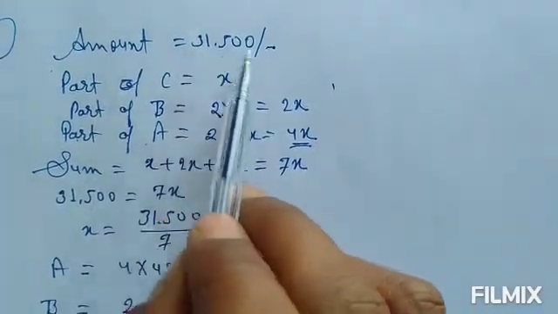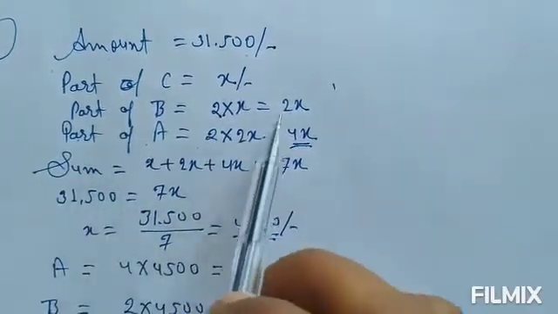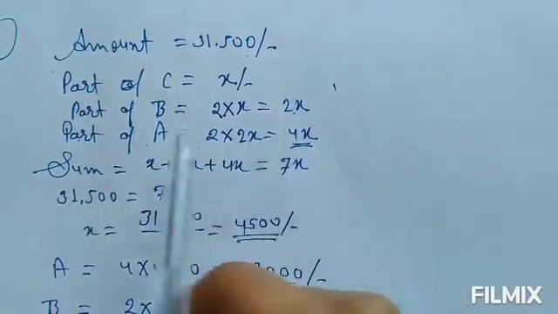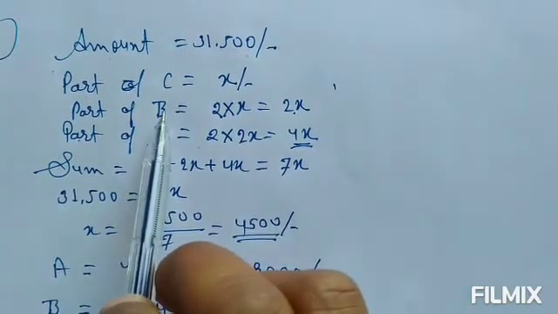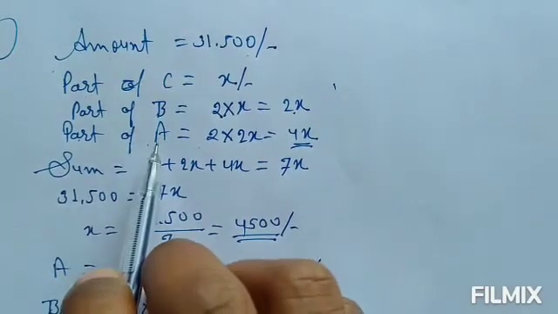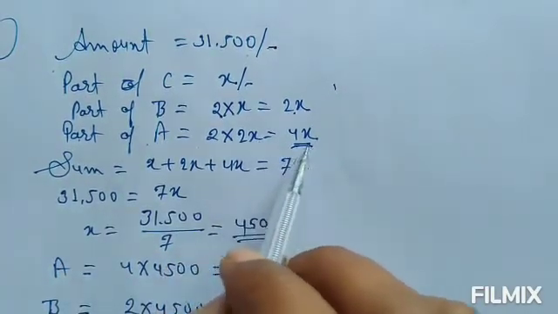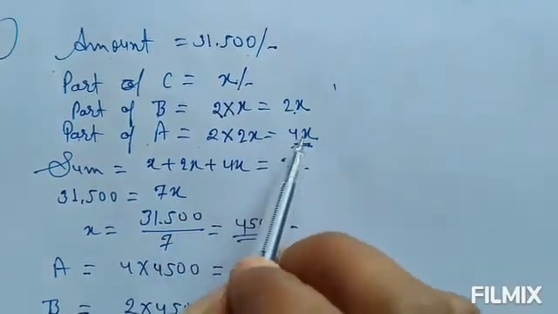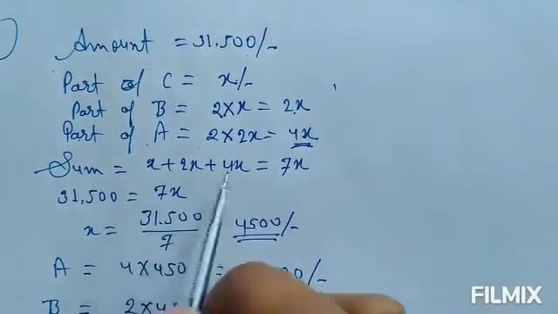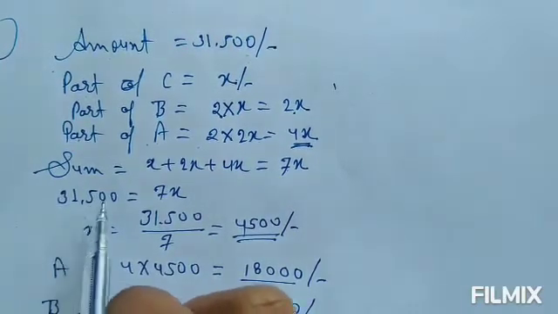Complete amount is 31,500. Part of C is x, so part of B will be just double of C. Part of A is just double of B, that is 2 times B. B is 2x, so A is 4x. These are the parts of A, B, C. Now the total value is 7x and the total value is already given as 31,500.